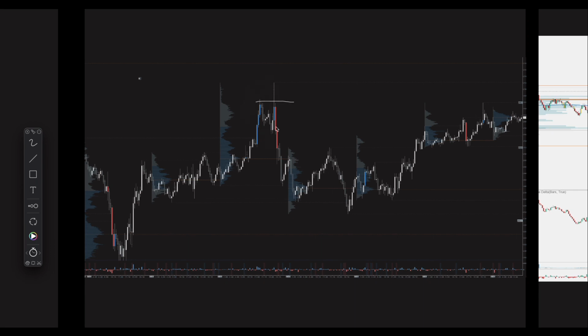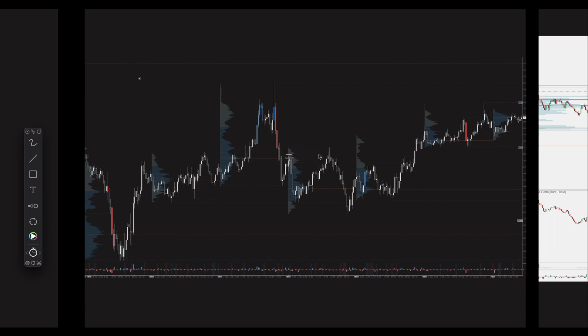Once again, you have this high volume failure at the prior high. You have a quick sell-off. Market then proceeds to make this double bottom, and so it pulls back higher inside.